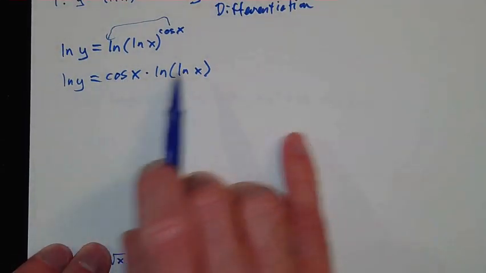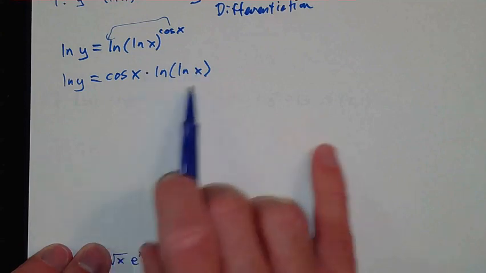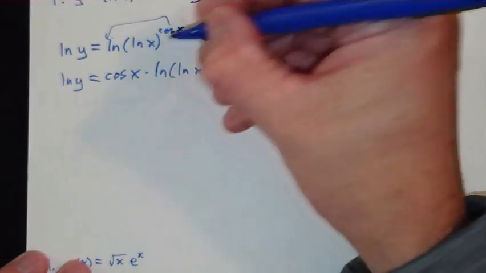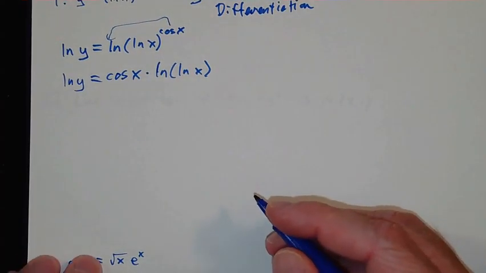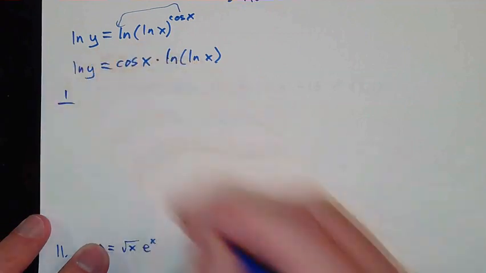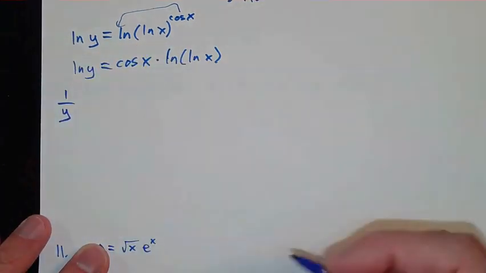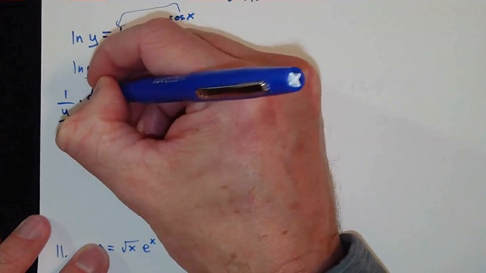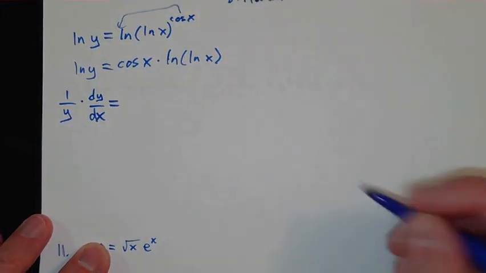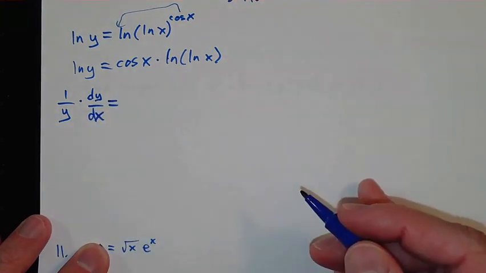So I've got a product rule over here on this side. I've got chain rule nestled inside that product rule. On the left side, because I've got a function of y now, when I find the derivative in terms of x, if I find dy dx, we're doing implicit differentiation. The derivative of the natural log of y is 1 over y times the derivative of y, I'll call it dy dx. And the derivative of the right side, I've got product rule.